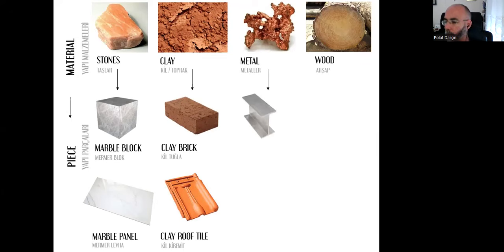If you get some iron and cast it into this H or I shape, the letter I, if you look at the section here, then you will see an I shape, or sometimes in some countries it's called H profile. It's a profile now. It has a shape and it's made out of iron or steel. So it's a piece.